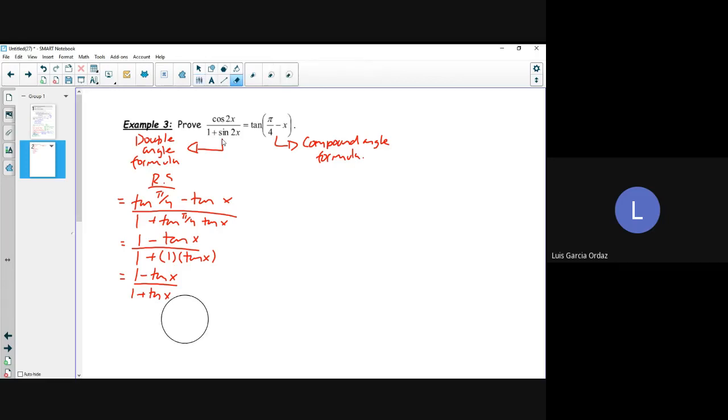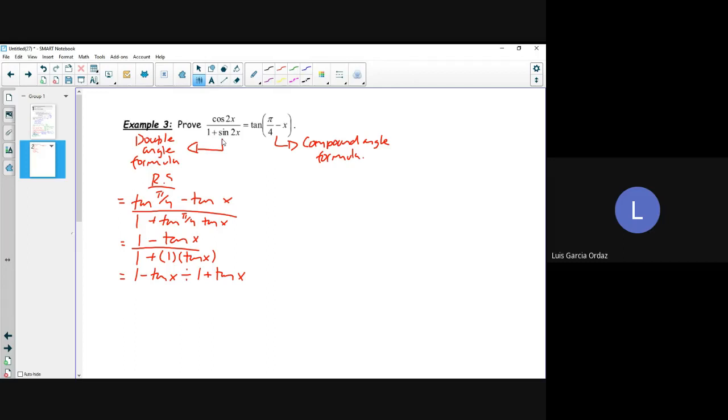Or let's change the format of this to make it easier. 1 minus tan x divided by 1 plus tan x. So the reason I like doing this is because I don't want to be stacking fractions on top of each other, because for some of us it may be confusing. But if you want to stack fractions on top of each other, go for it.